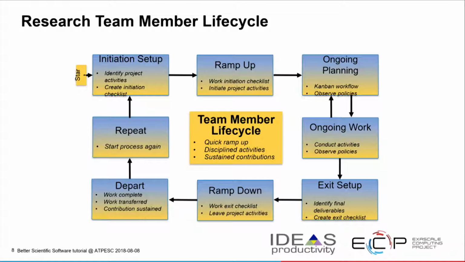You get people started and you start ramping them up, and there's probably some more things that they need to do. They start working on the project, and then in most projects that we do in scientific research, we don't follow a waterfall model where you design and then you go and implement and then you're done, right?